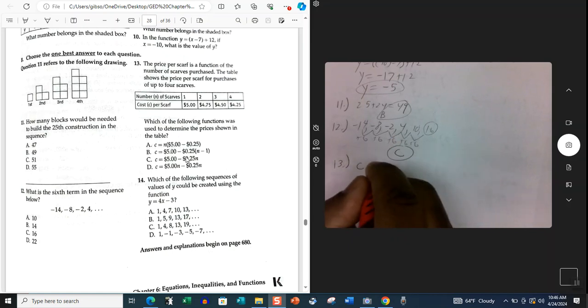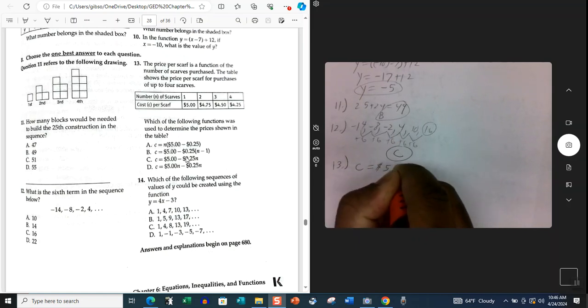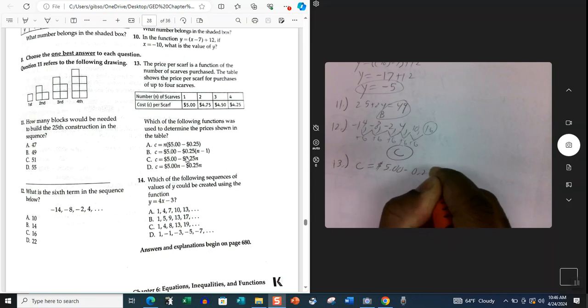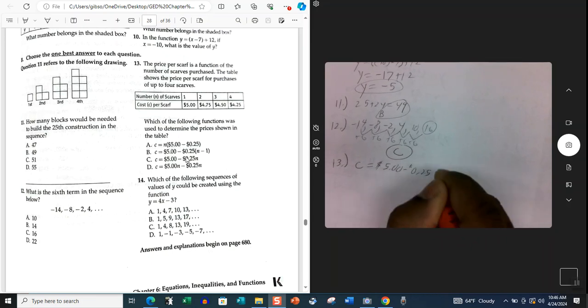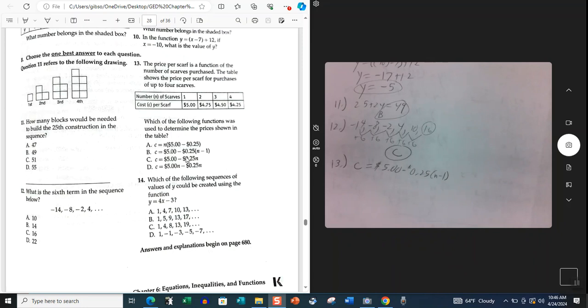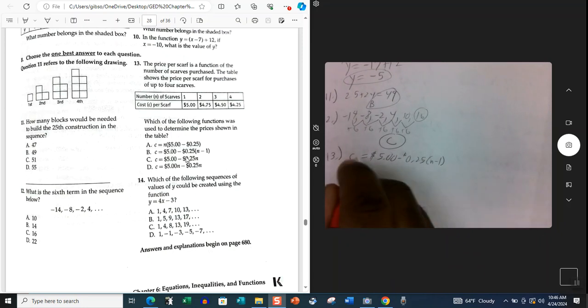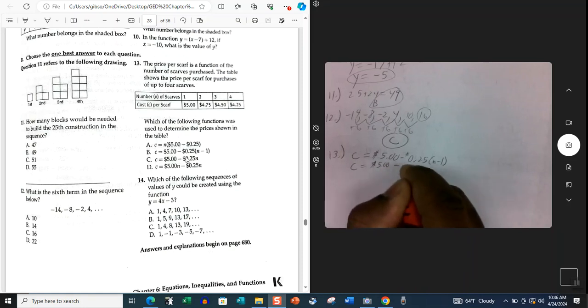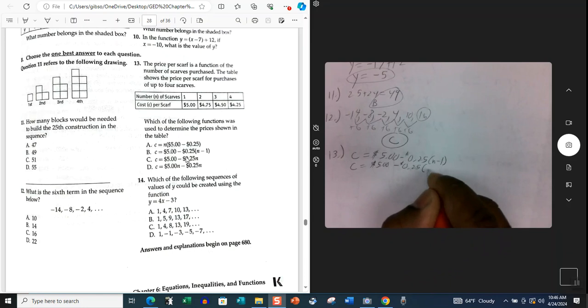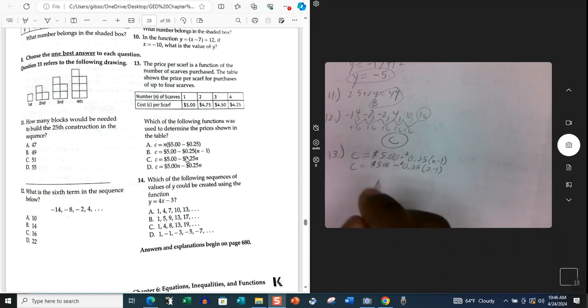We have C is equal to $5 minus 0.25 times N minus 1. Now, we have $5. Now let's try 2 for N. So that'll be 2 minus 1.